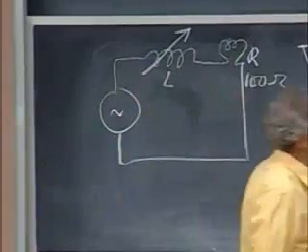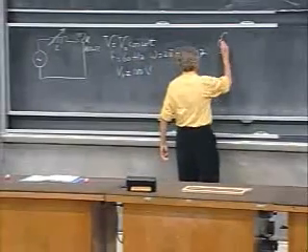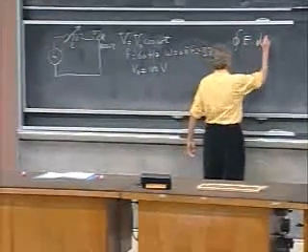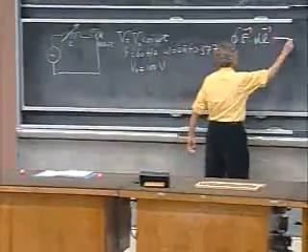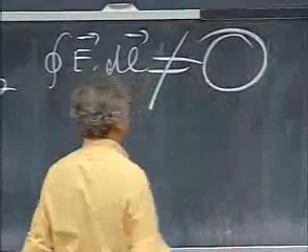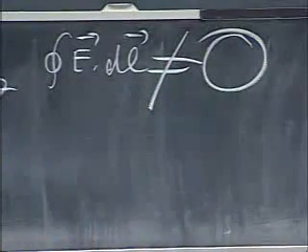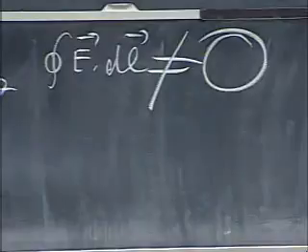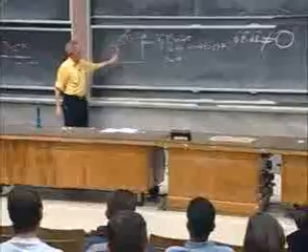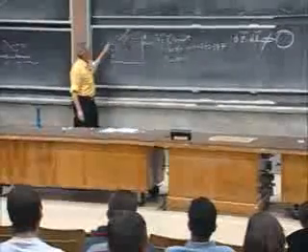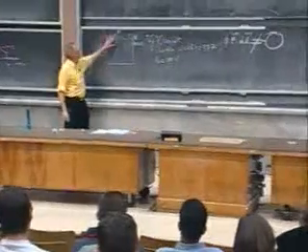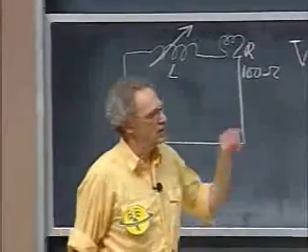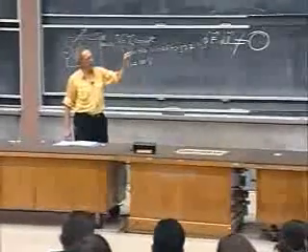The closed loop integral of E dot dl is not 0 because Kirchhoff's loop rule does not apply here. There is a self-inductor. If you attach an open surface to this closed loop, there's a magnetic flux going through there, so you must deal with the third equation there.